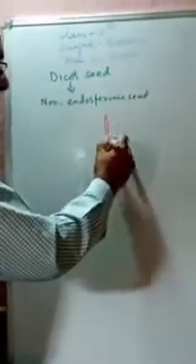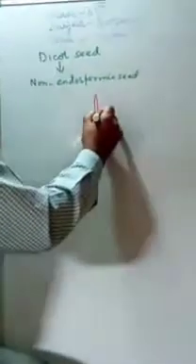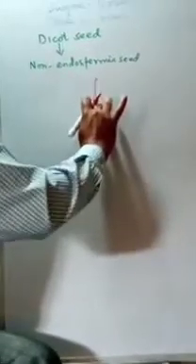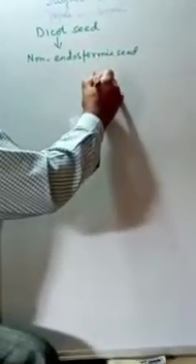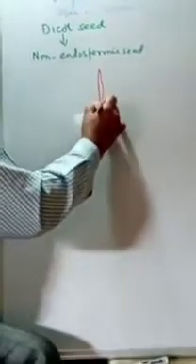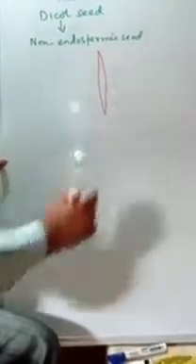It is not like this, but for the convenience of you people, I have made it somewhat elongated and broader. It is actually very small in size, almost invisible. Like this is the embryonic axis.